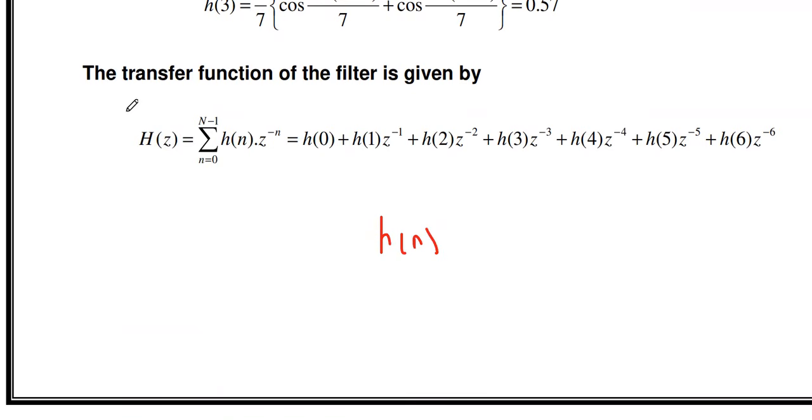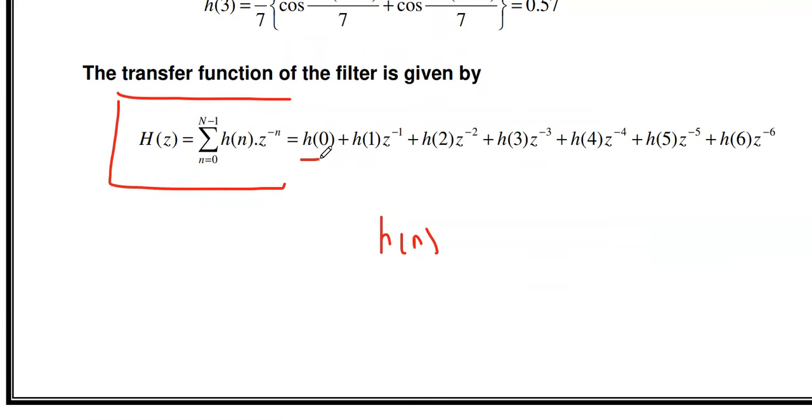The transfer function H of z is the Z transform of h of n, that is summation n equal to 0 to N minus 1 of h of n z power minus n. Here N minus 1 is 6, so expanding, we get h of 0 plus h of 1 z power minus 1 plus etc., up to h of 6 z power minus 6.